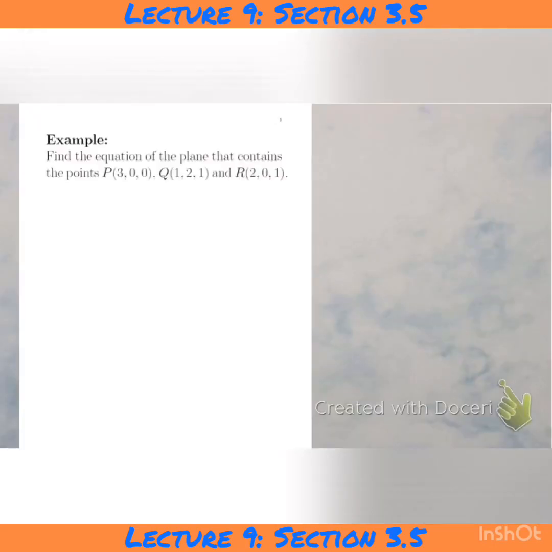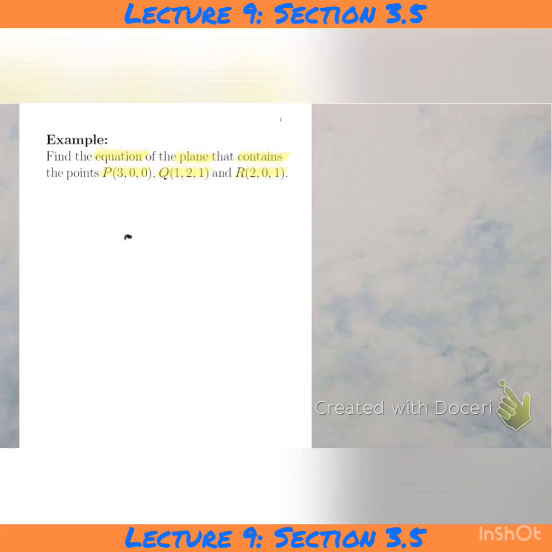All right, so an application of the cross product. Let's apply it to the following example. They ask us to find the equation of the plane that contains 3 points, P, Q, and R. The thing here that I want to use is the cross product.